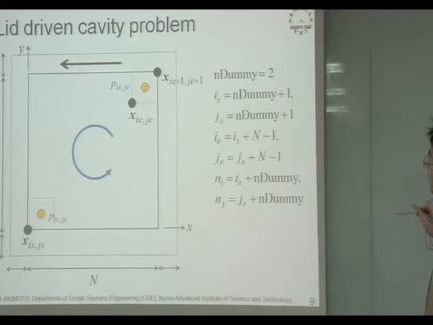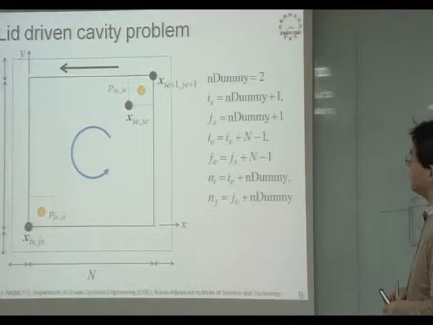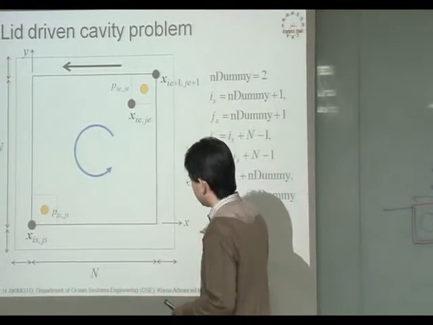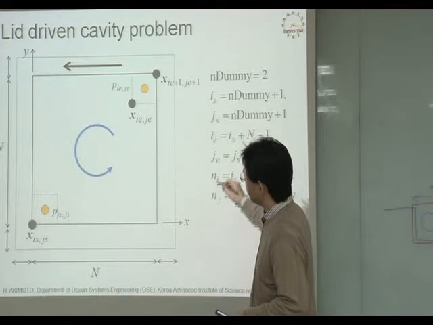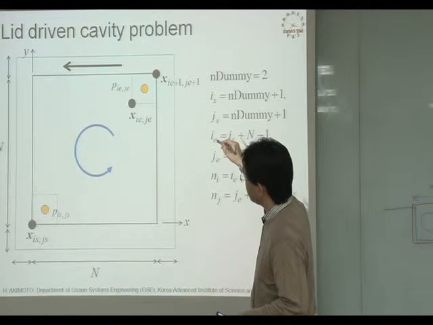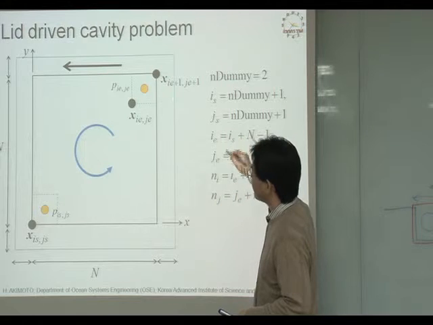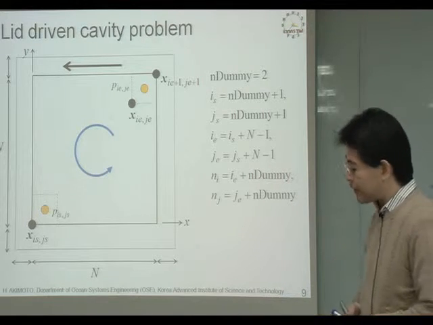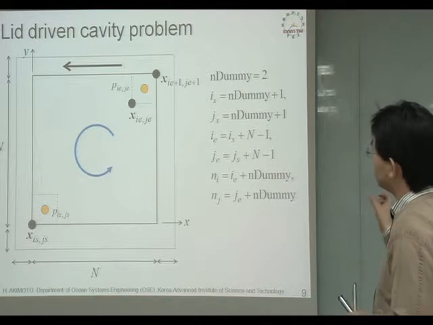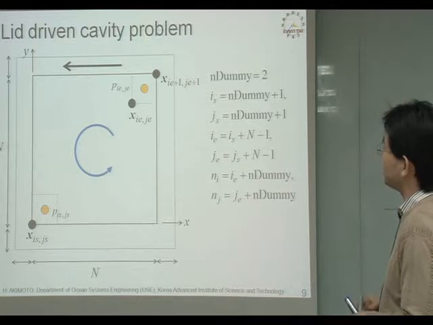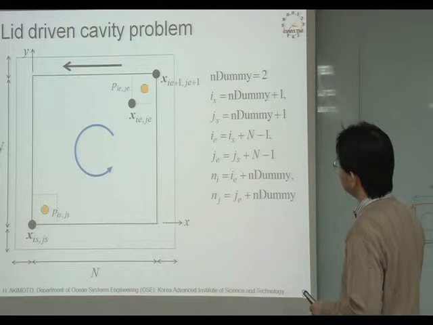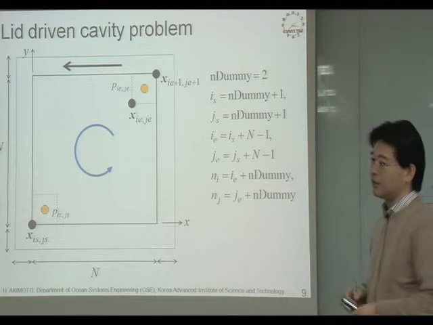First, you have to determine the number of dummy point layers. There will be dummy points. They are out of the actual fluid domain. I guess for the depth of dummy points, two layers is enough.